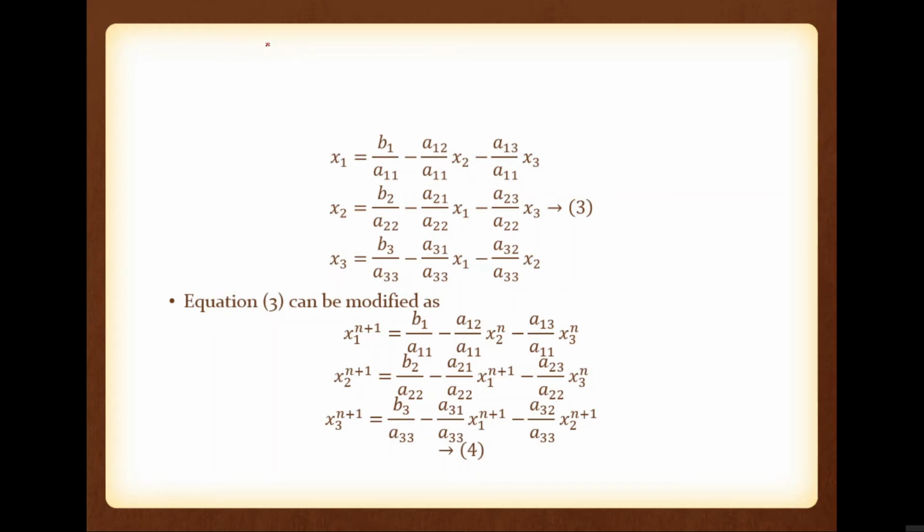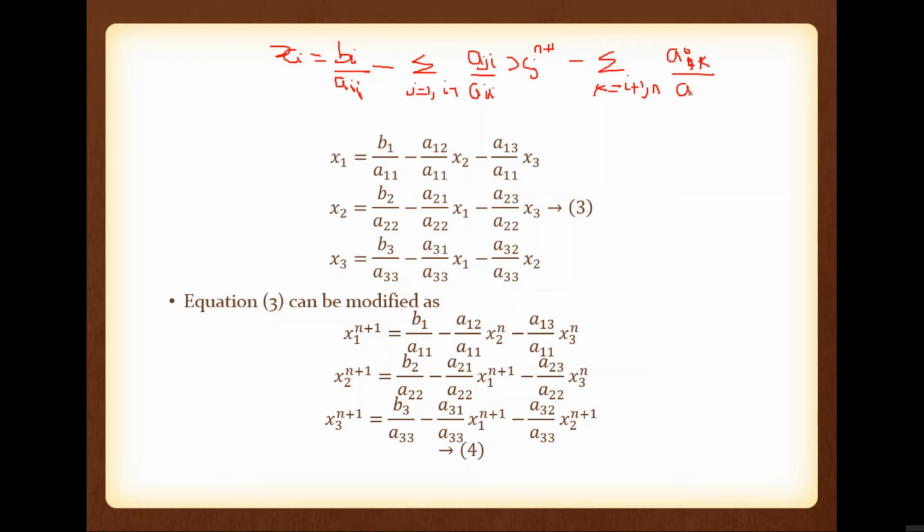Okay. So once again, in general, we can write xi is equal to bi divided by aii minus sigma j equal to 1 to i minus 1, aij divided by aii x j n plus 1, minus sigma k equal to i plus 1 to n, because if we have n equations, a i k divided by aii, then x k n.